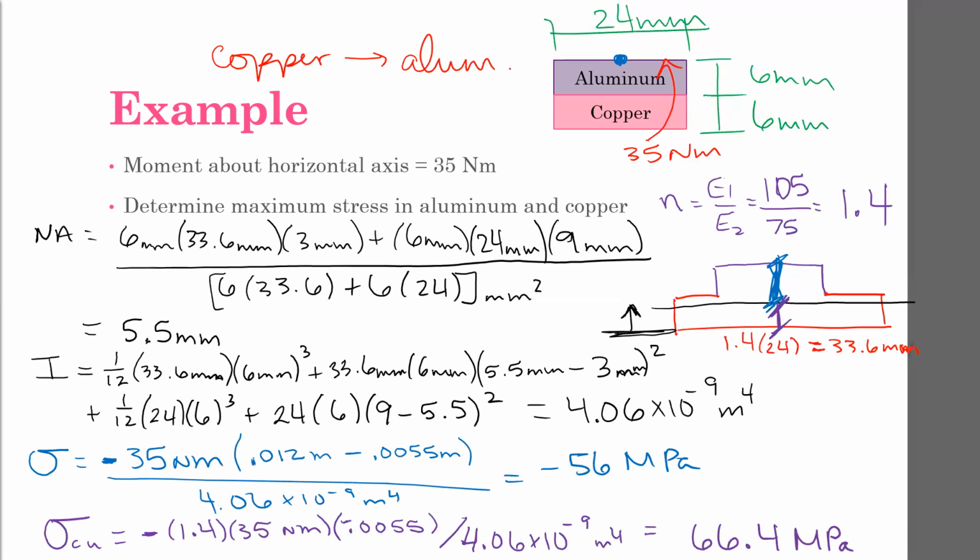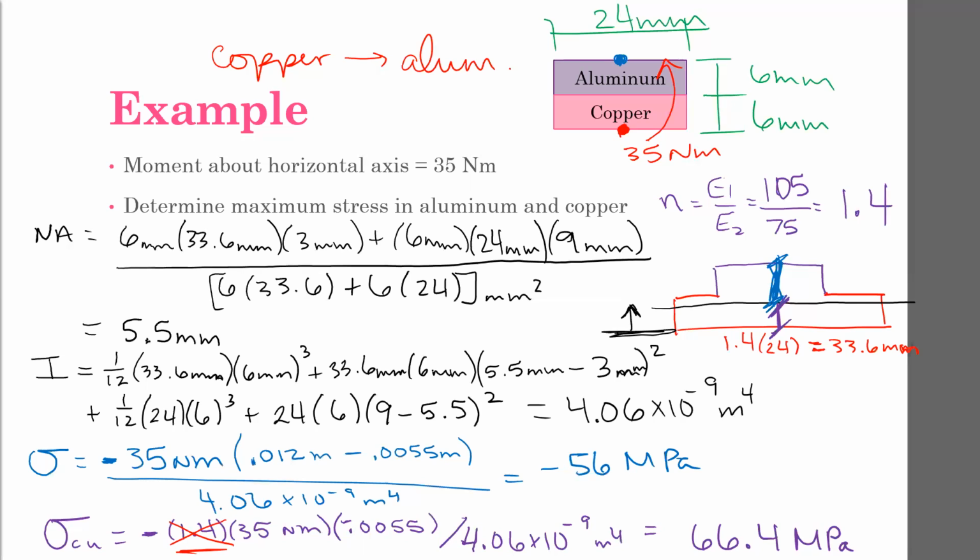Any questions? Good. All right. I thought we just multiplied the sigma for the aluminum by the E1 over E2 to get the copper value? Yes. So what you could do is leave out this 1.4 and calculate what the aluminum value would be down here at the bottom, and then you come back in and multiply it by 1.4.